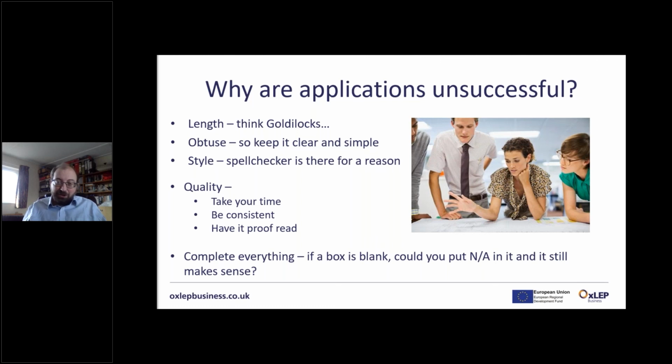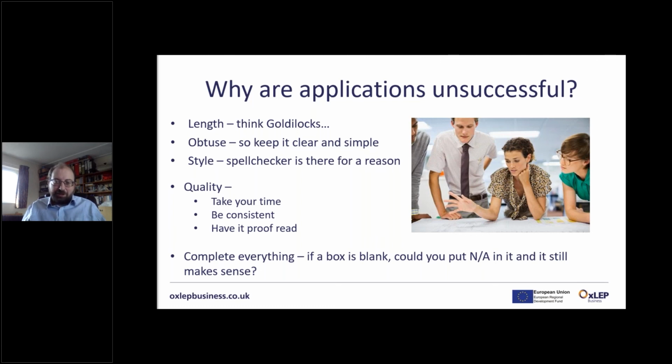So one thing that we would suggest is to have it proofread. Again, if you've left enough time, you can find somebody to proofread it. It's always a good idea, if possible, to have it proofread by somebody outside of the immediate circle of people who've been drafting it, preferably somebody who is unfamiliar with your grant application and your grant project.